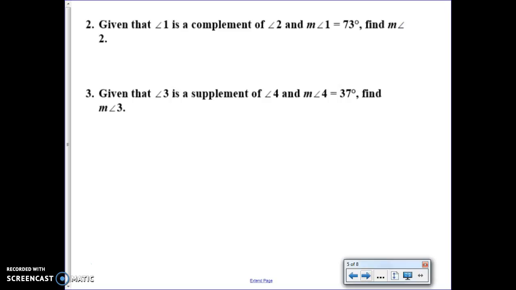Okay, then question 2 says, given that angle 1 is a complement of angle 2, and the measure of angle 1 is 73 degrees, find the measure of angle 2. Well, we know that complement means two angles that add up to 90 degrees, so we can do 90 minus 73, and we get the measure of angle 2 equals 17 degrees.